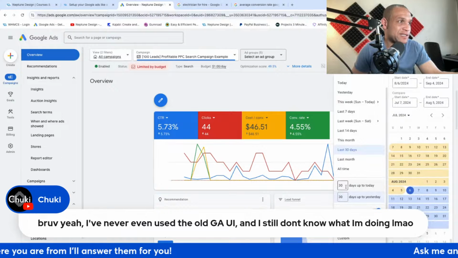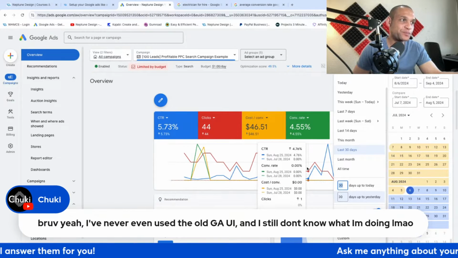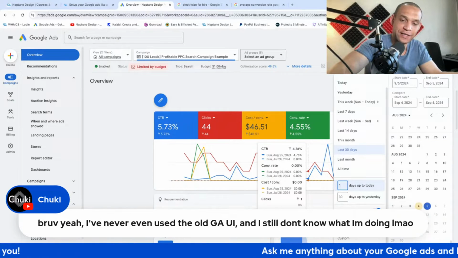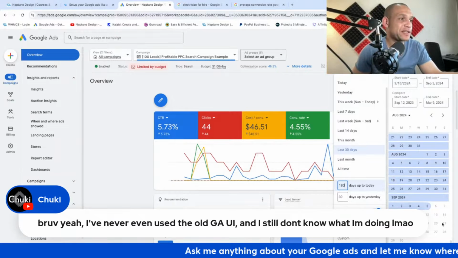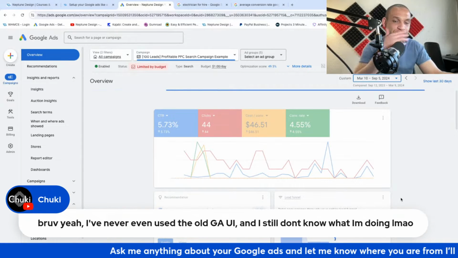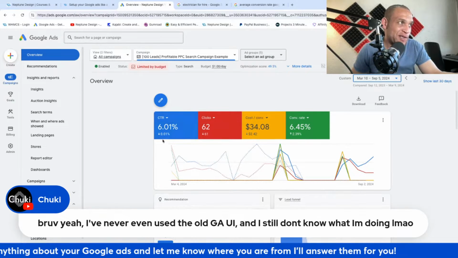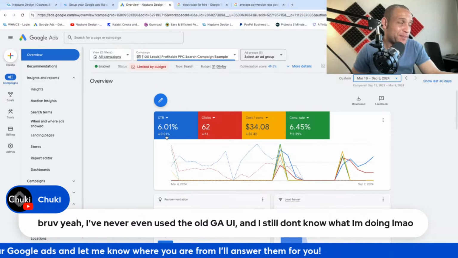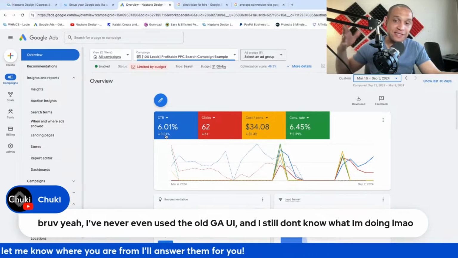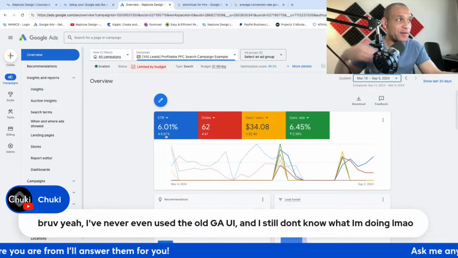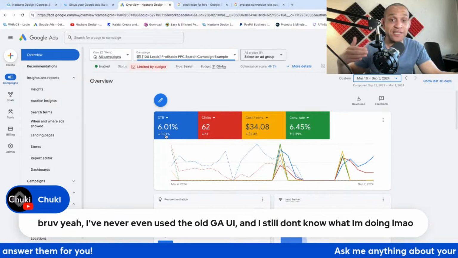But let's take it over 180 days, maybe. Let's do that, and let's say apply. There we go. As you can see, my click-through rate dropped by 0.1%. So this is comparing the past 6 months to the 6 months before that.